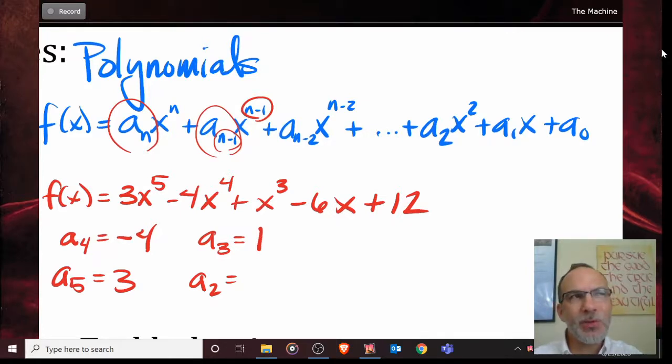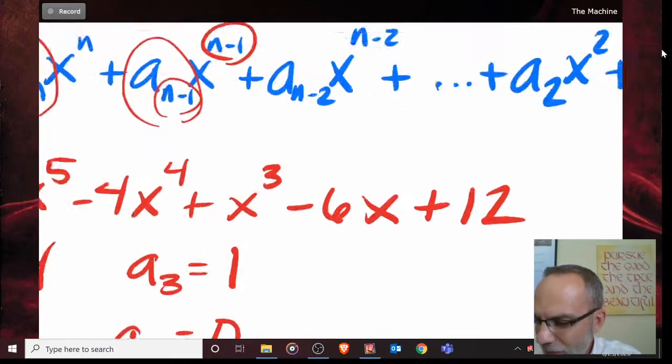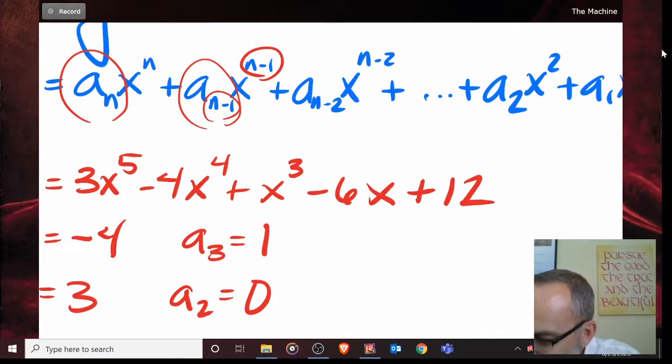What number do you multiply x squared by to cancel it out so it doesn't show up? 0. Do you agree that tucked in here we might have something like a plus 0x squared right in there? Yeah, it's like a place value thing.